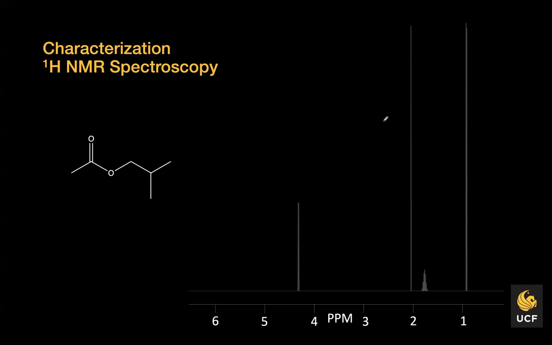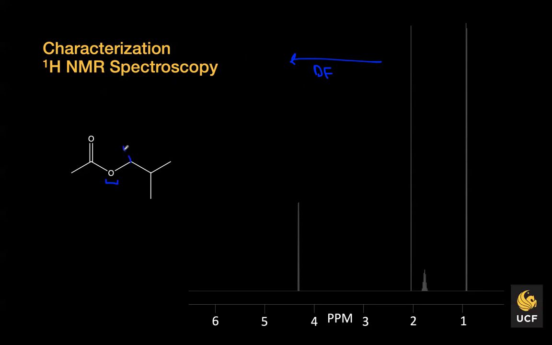You could start by taking a look at the peaks that are shifted more downfield, or higher parts per million, right? Those could be peaks associated with protons that are next to atoms that have high electron densities. So you have this oxygen atom, okay?